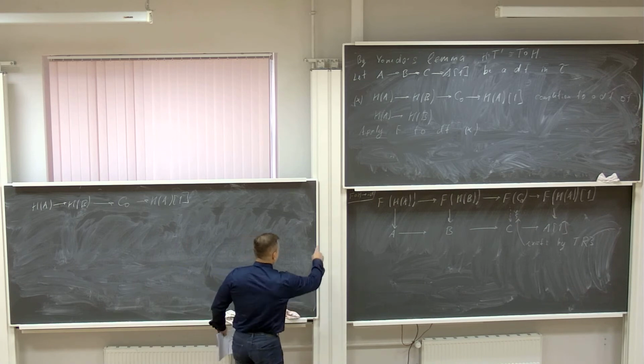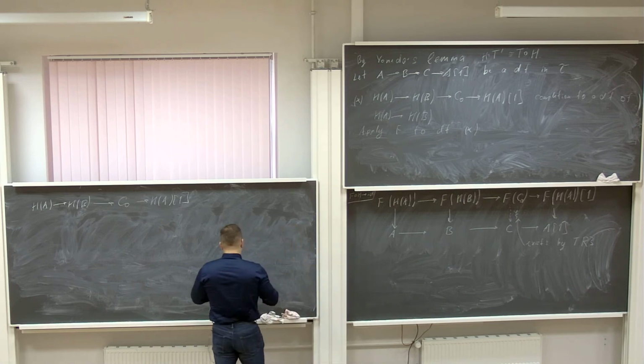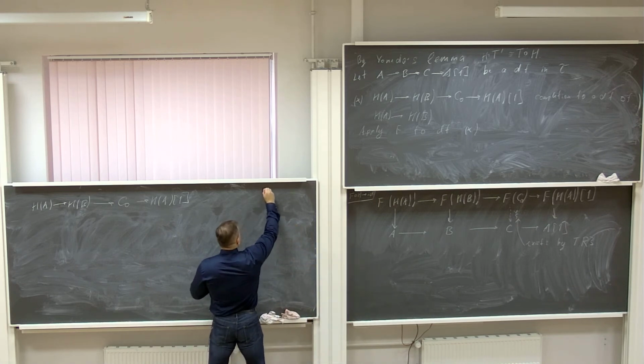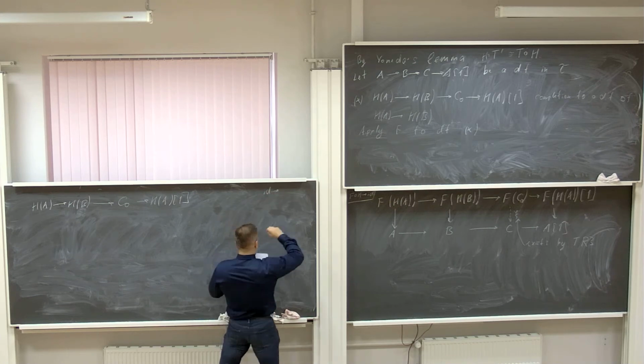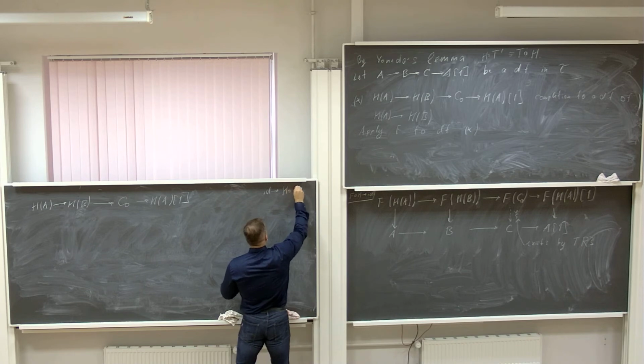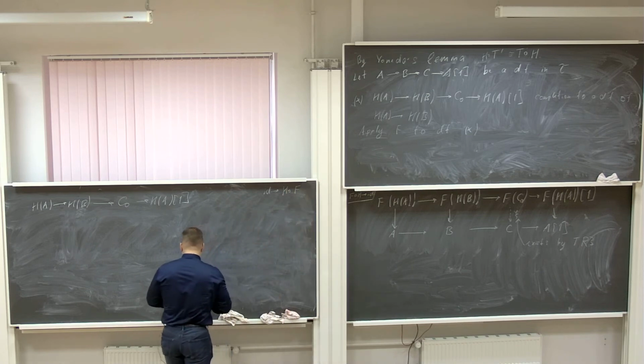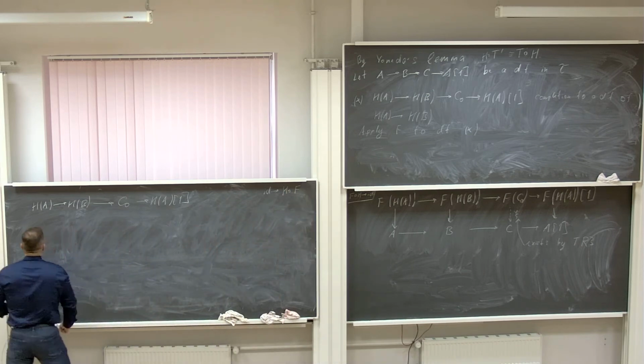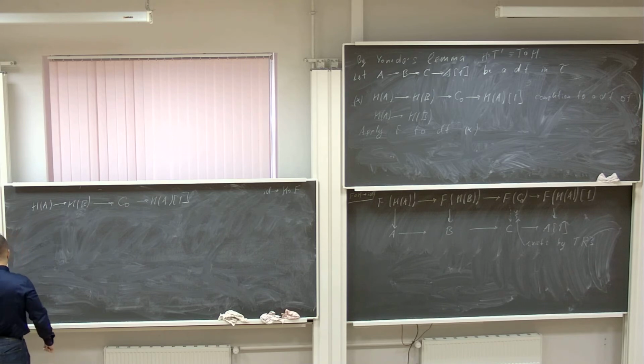If I compose f and h in the other order, I'll get the map from the identity. So there is a map from the identity functor to the composition of h and f. This allows me to construct 3 more arrows.